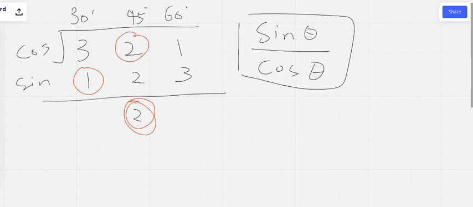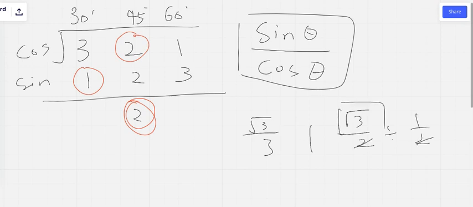Sine 30 over cosine 30 is root 3 over 3. And tangent 45 is 1. And tangent 60 is root 3 over 2 divided by 1/2, which cancels out to be root 3.